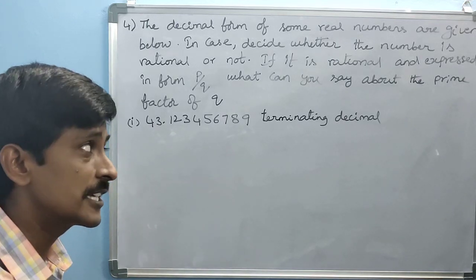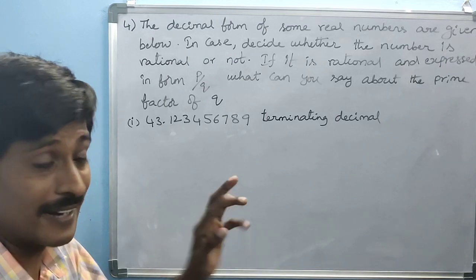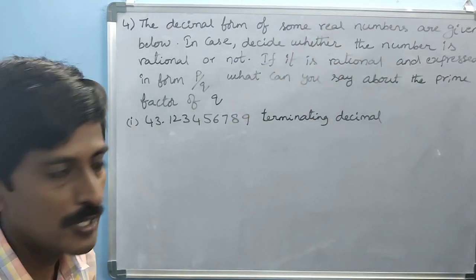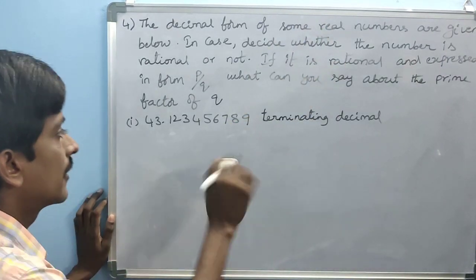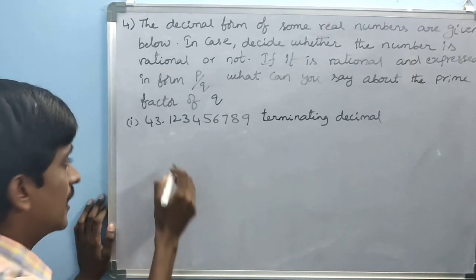Every terminating decimal and non-terminating repeating decimal can be converted into P by Q form. So it is a rational number because it is a terminating decimal.